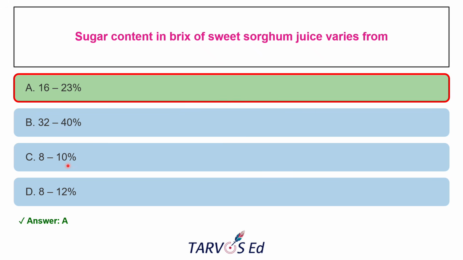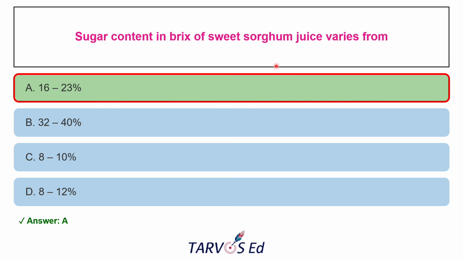It is a Brix value for normal fodder sorghum or immature sweet sorghum. So the Brix value is too low and commercially not appreciable. The commercial sweet sorghum must cross 16% to be economical. So the correct answer is 16 to 23%.